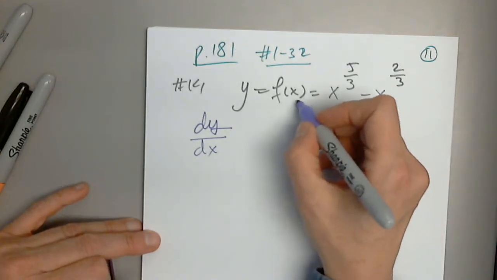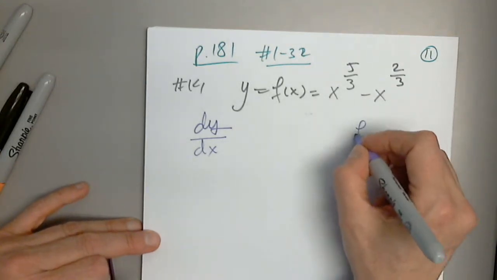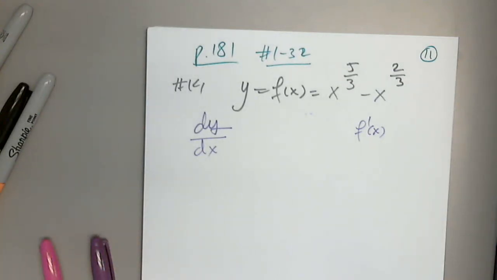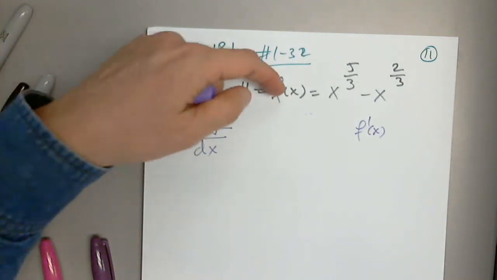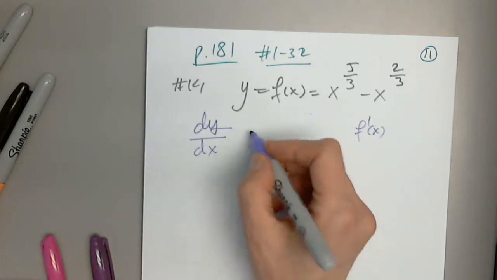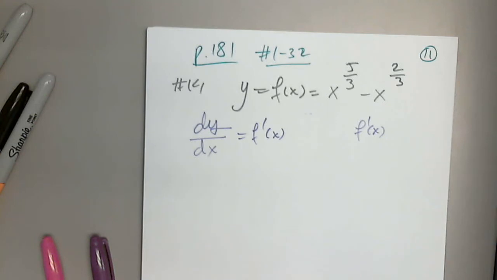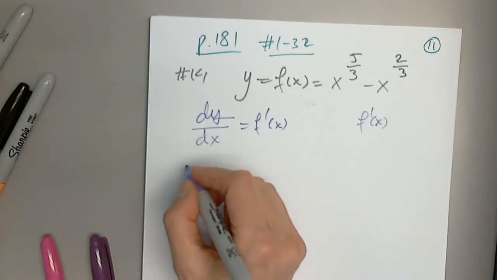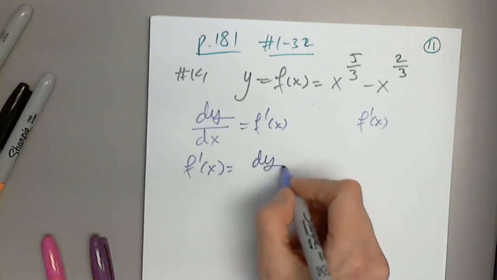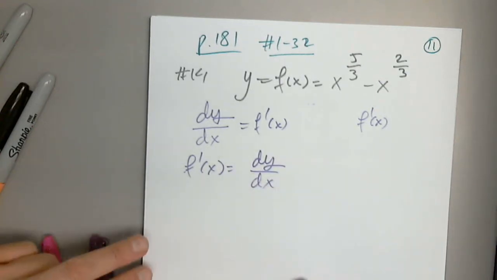If the problem is given as f of x, then I should use f prime of x. That's a general rule. Not necessarily, it doesn't matter. I wrote both for you. So let's say dy over dx, which is the same thing as f prime of x. Identical. Till you get used to it, I may write both.